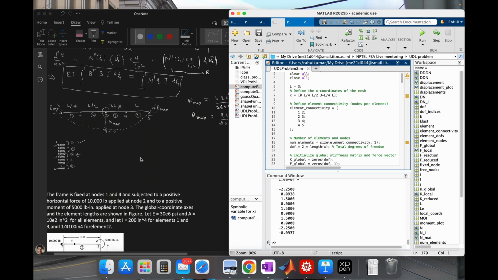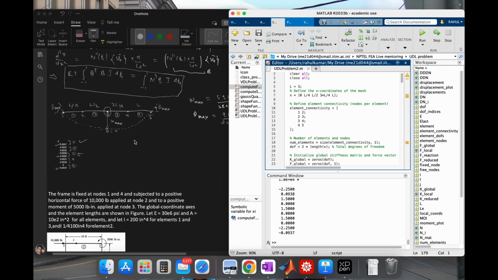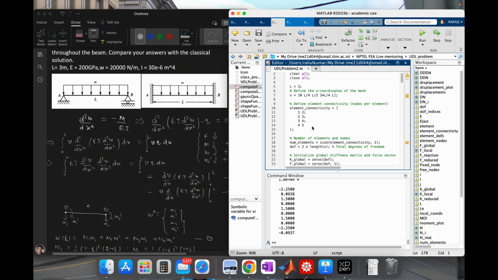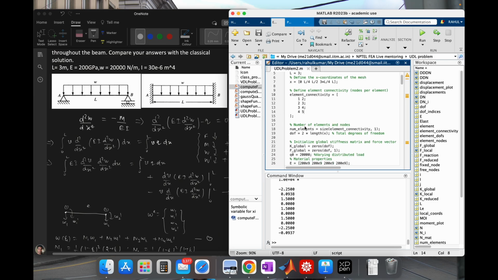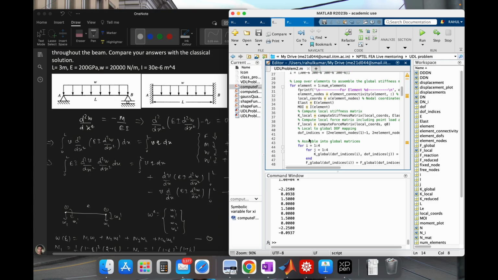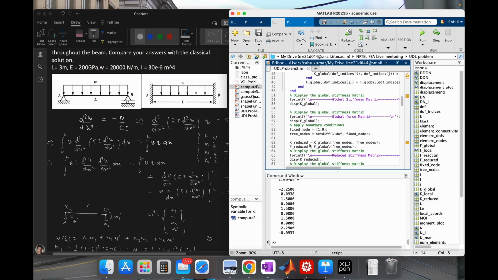Again we will use the same nodal points and the element connectivity will remain the same: 1 2, 2 3, 3 4, 4 5. And q will remain the same. Everything will remain the same except the fixed nodes.